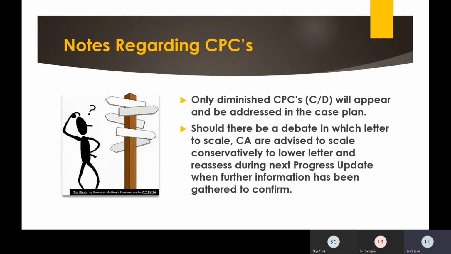We would rather see the family move from a C, with their protective capacities demonstrated to be enhanced, up to a B, rather than have them potentially be assessed as a B when in reality they really needed support. So they really should have been assessed as a C or a D.